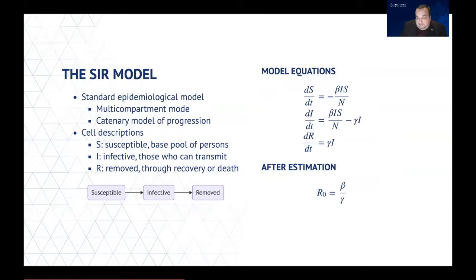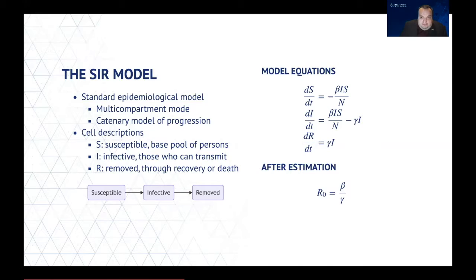They have the disease and can transmit it. Finally, the R compartment is those who are removed from the population. They can be removed either by recovery and acquired immunity, through a vaccination, or because they've died and are no longer capable of transmitting the disease.